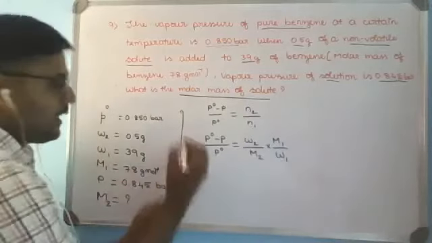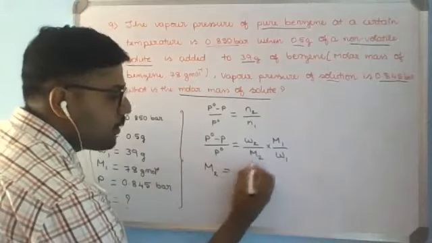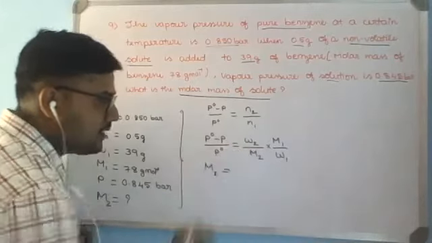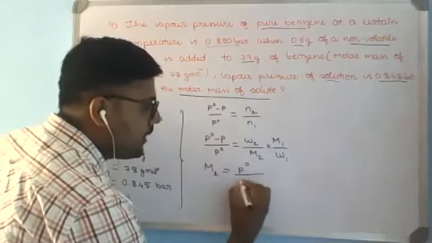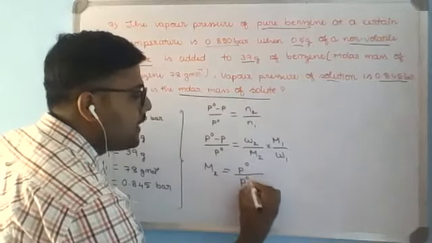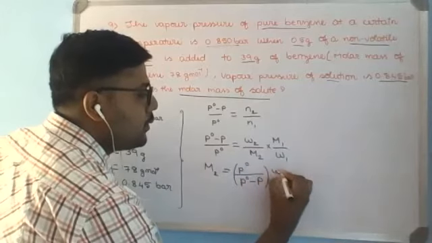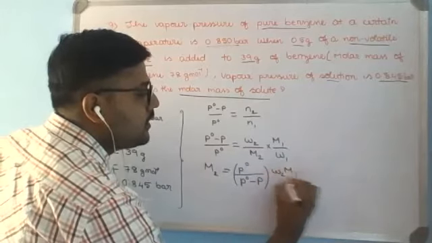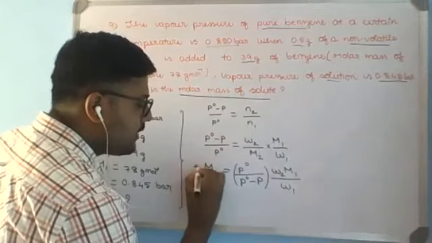Now we'll rearrange to find M2. M2 is equal to, M2 on the LHS, on the RHS will become P naught divided by P naught minus P, times W2 M1 divided by W1. Now this is the rearranged formula.